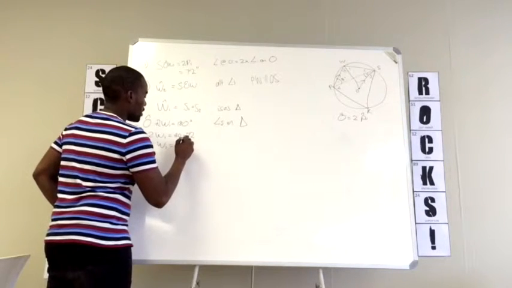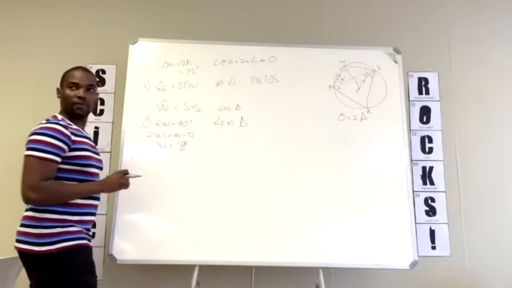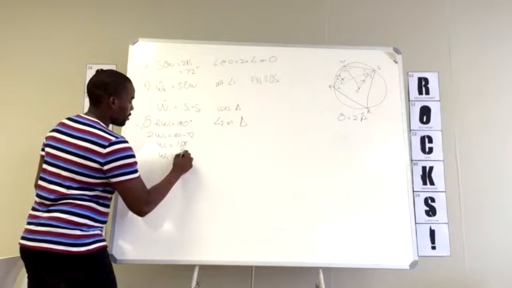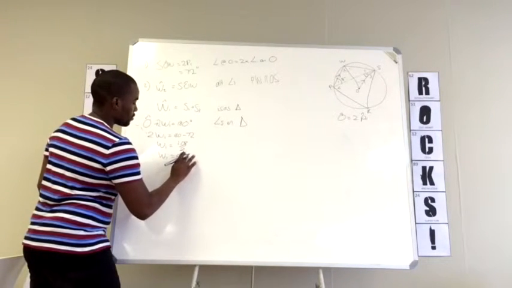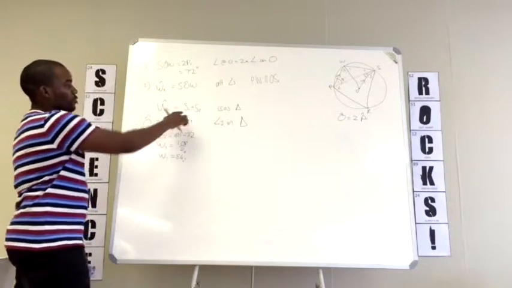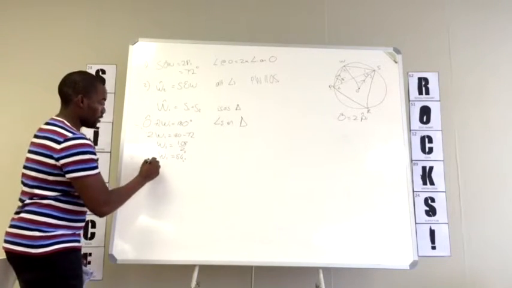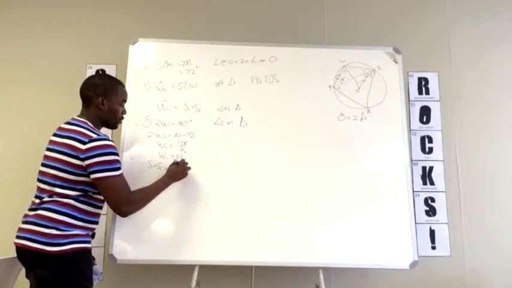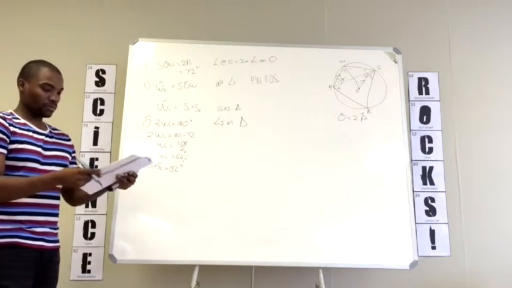It's 108 divided by 2, that's 54. Therefore, W1 is equal to 54 degrees, which is equal to S1 plus S2 anyway. You guys still with me?